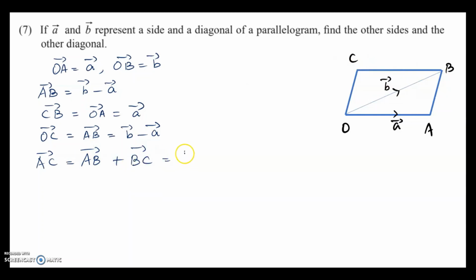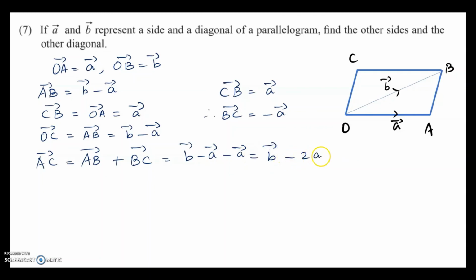Our AB is vector B minus A, and for BC, we have CB which is A. So CB is equal to A, therefore BC will be equal to minus A vector. So this is B minus A minus A, and that is equal to vector B minus vector 2A.